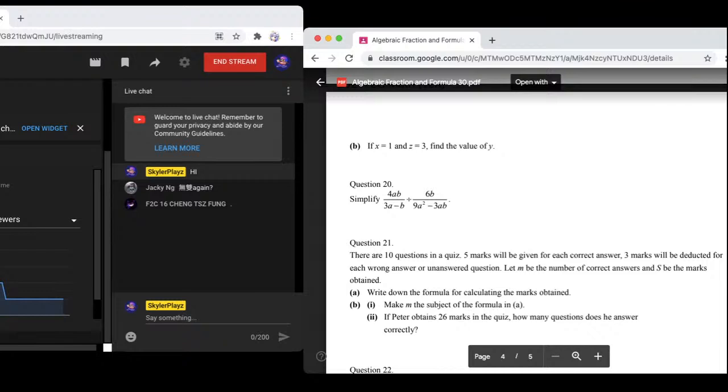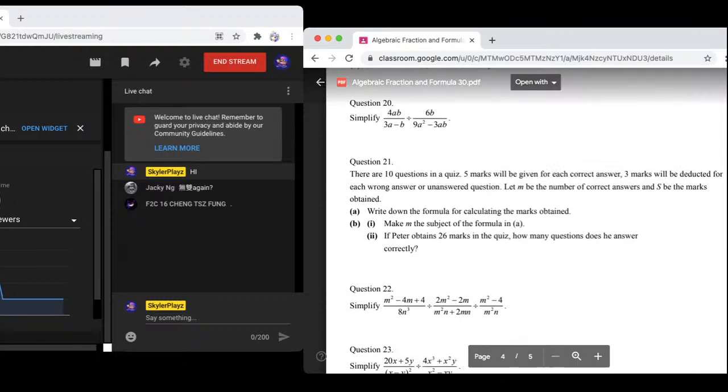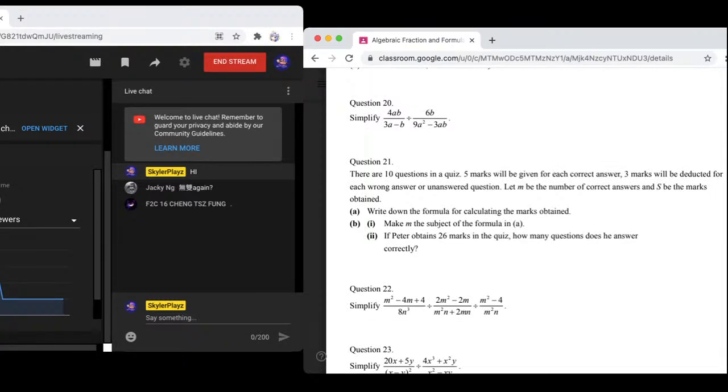Question 41. Marks obtained. The formula is S is equal to 5m minus 3(10 minus m) for the number of correct answers, and therefore we expand the polynomial, equals 8m minus 30.